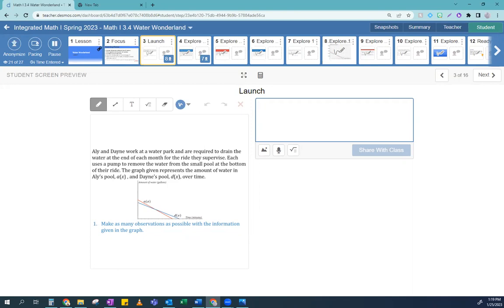Good. The amount of time is bigger for Dane's pool. I think this person is saying it takes Dane's pool longer to drain. It took me a while to say that. It takes Dane's pool longer to drain. Someone said the red line drains faster than the blue line.